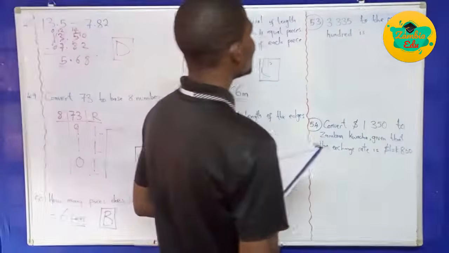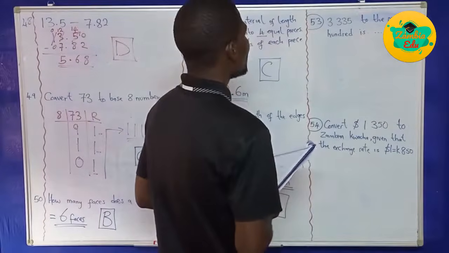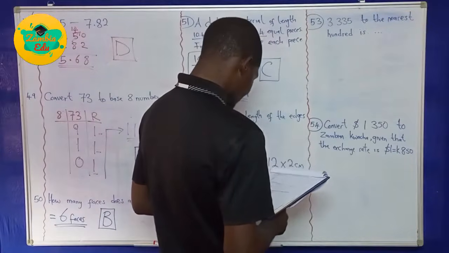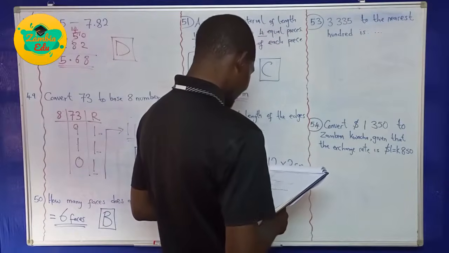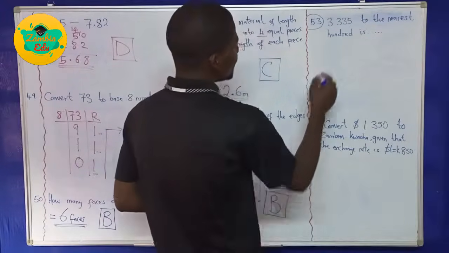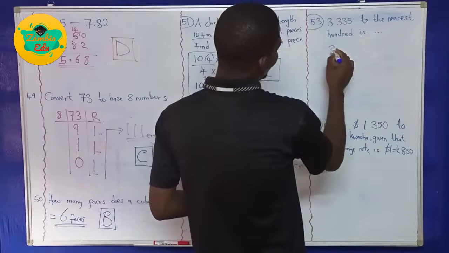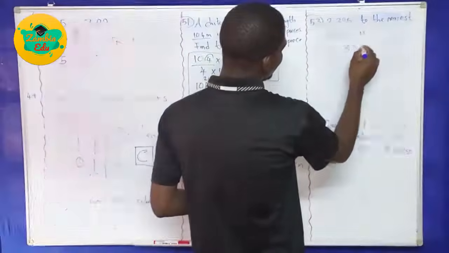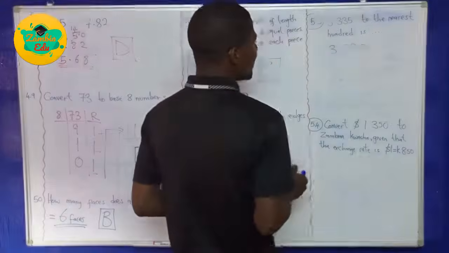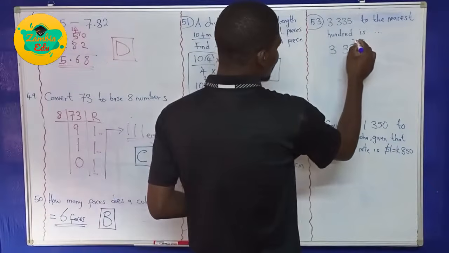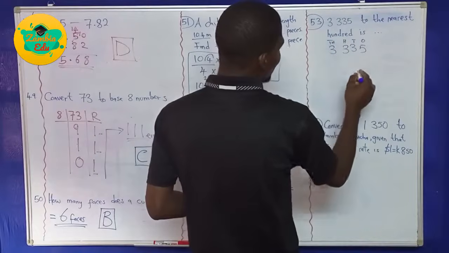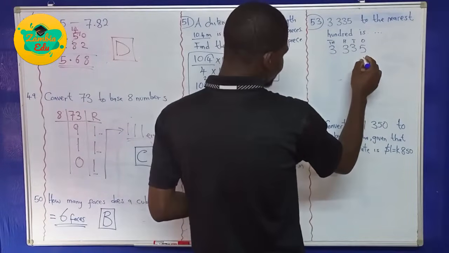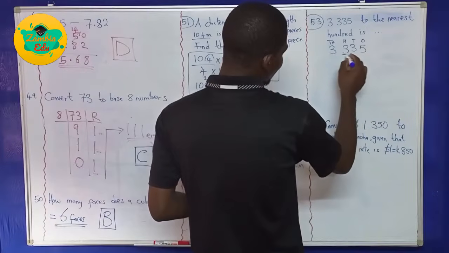Question 53 says, write down 3,335 to the nearest 100. So we're looking at 3,335, writing it to the nearest 100, and so we know these are ones, tens, hundreds, and the thousands. So the nearest 100 is somewhere there.